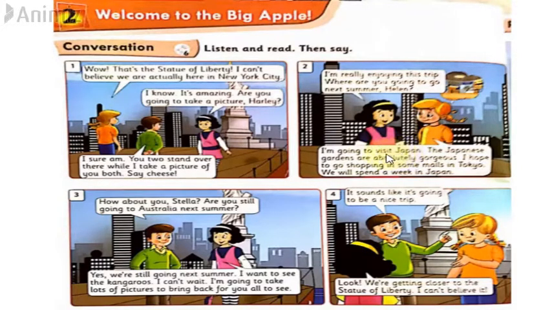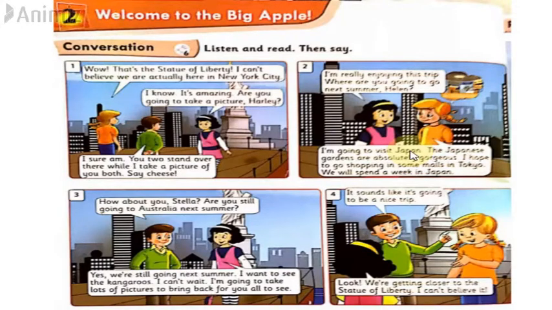So this means that Japan is a proper noun. Proper nouns are the names of special places, countries, cities, things, animals and people. So whenever there is a proper noun, the name of a person for example, we have to use capital letters in the sentence.